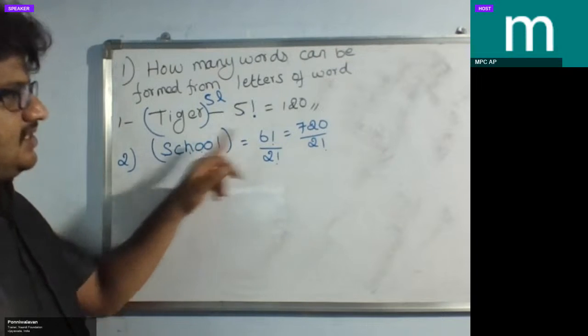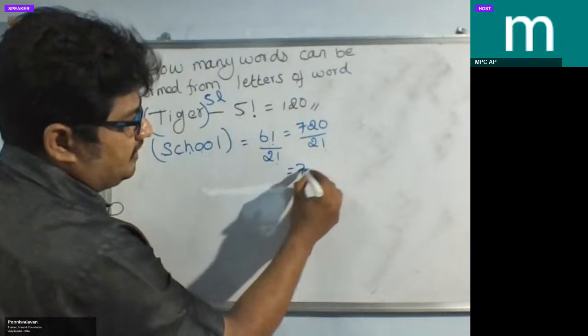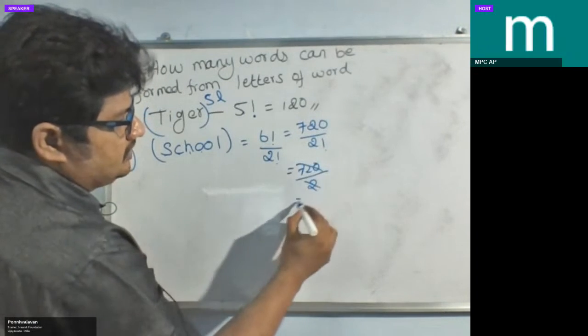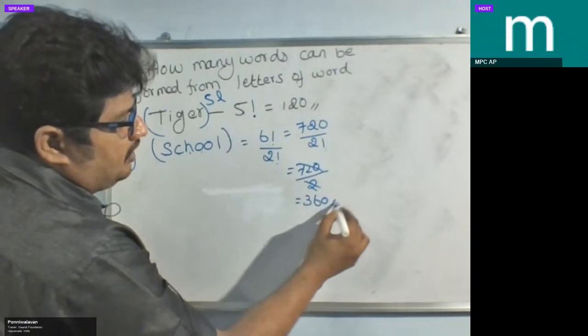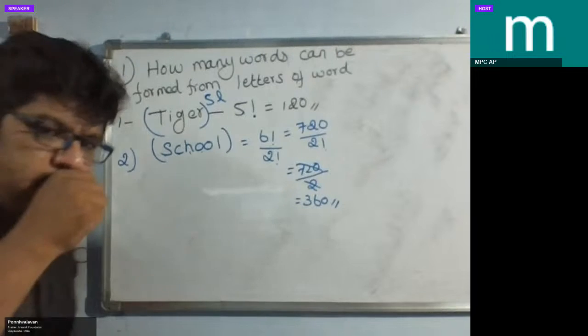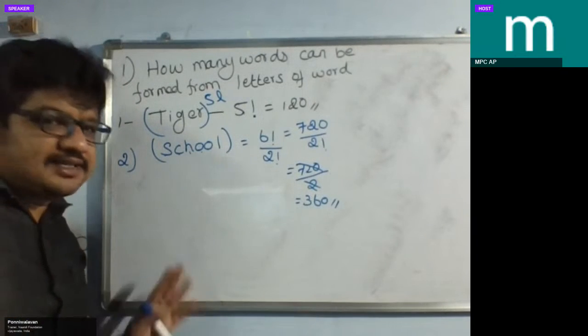Repetition? Yes. So divide by 2 factorial. So 720 divided by 2 into 1, 2. If you divide, it is 360. Are you clear?